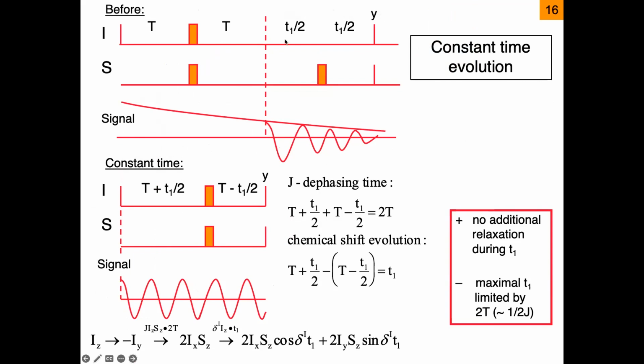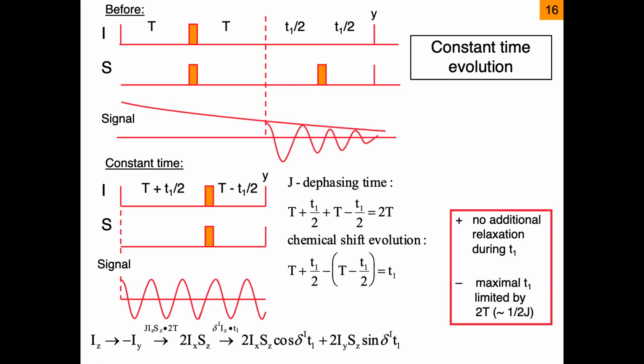But then what happens to your signal because of relaxation is that you have this exponential decay by the T2 during this whole INEPT step that we had seen before. So your signal has decayed here. And then you start to sample the FID here, and you get this oscillation that is further decaying.